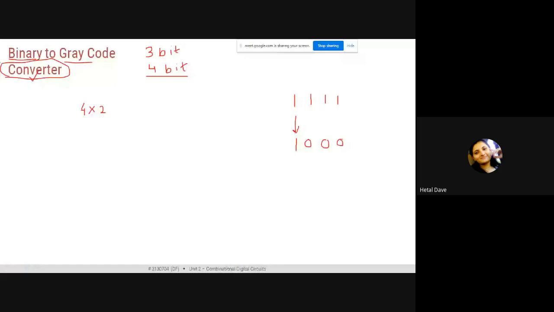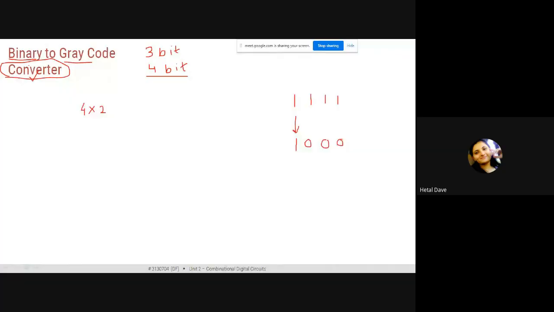We would design a 4-bit binary to gray converter. So 4-bit means 4 inputs, and we decide the outputs using this method. Consider the maximum number in 4-bit, 1111, and we have calculated the equivalent gray, which is 1000. The meaning is that I will require 4 outputs.